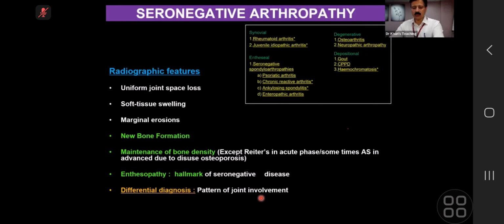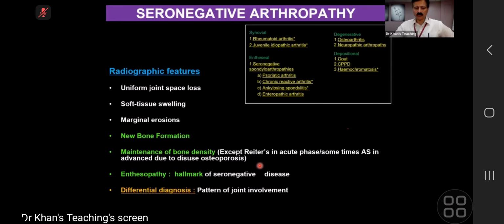We don't use this word now because initially we used to think that CRA can only involve males. And you remember the classical definition was urethritis, conjunctivitis, and arthritis.